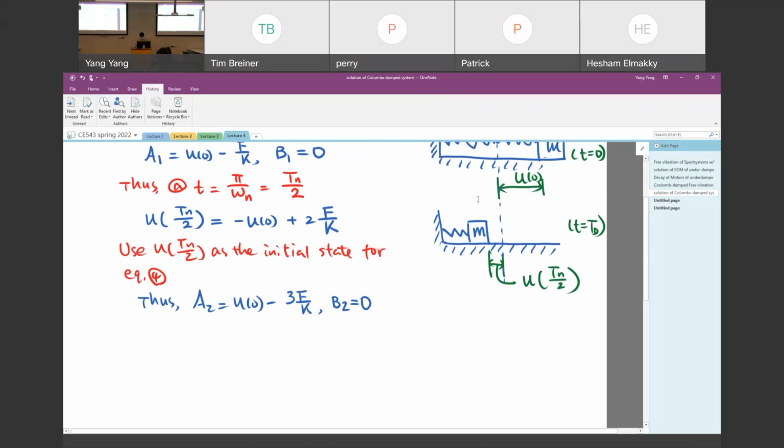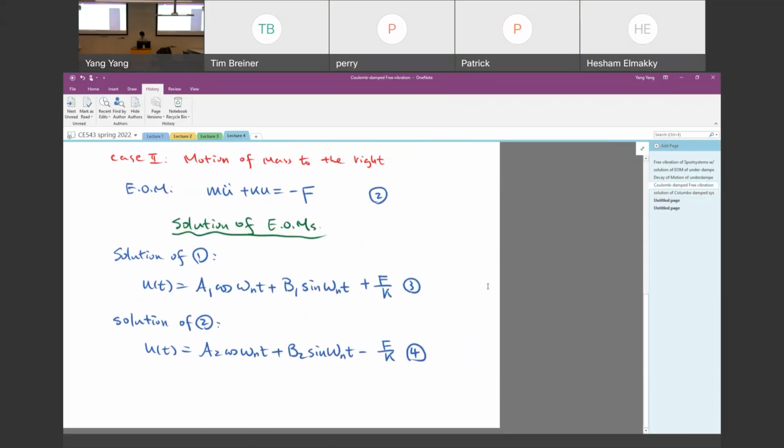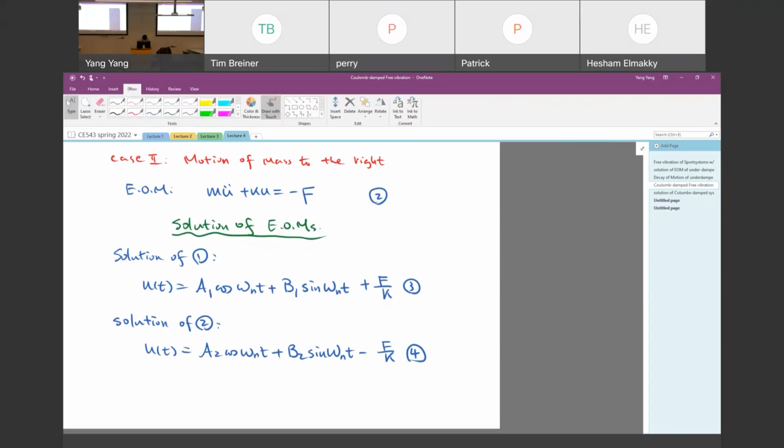Because here for equation 4, at the end of the first half cycle, when t is equal to pi over omega n, we have already figured out the displacement U here.